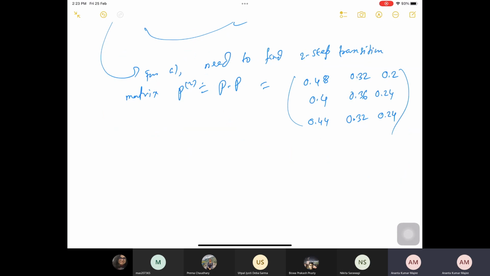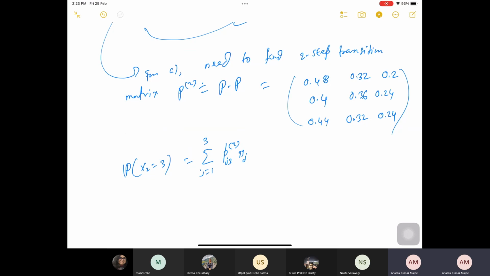As long as I know the two-step transition matrix, and in this case I have the state space 1, 2, 3, the probability that X2 is equal to 3 should, by definition, be the sum over j equal to 1, 2, 3 of p_j3 of 2 times pi_j.